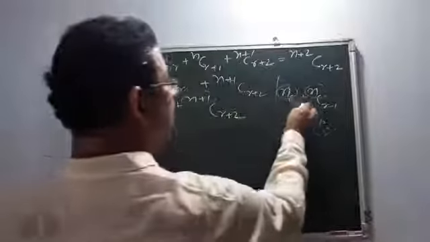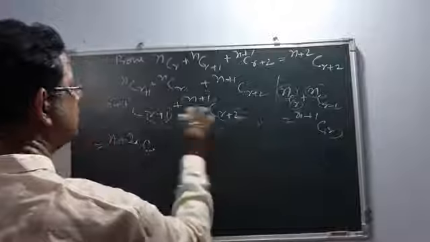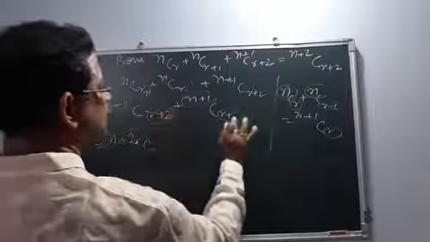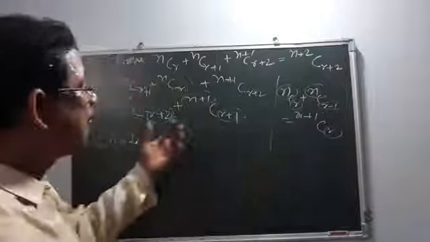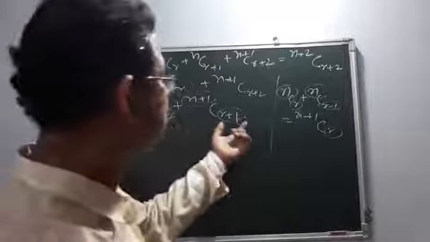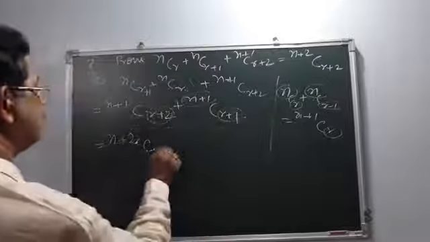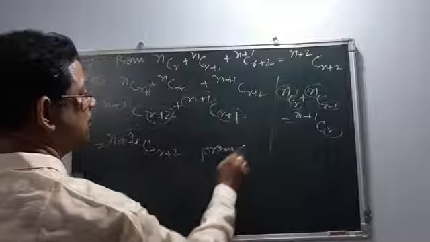Next, r-1, then the result comes r+1, r+2. So r+2 you take here, r+1 here. Now of course the result will be n+2 C r+2. See, this is the answer. So we have proved our required result.